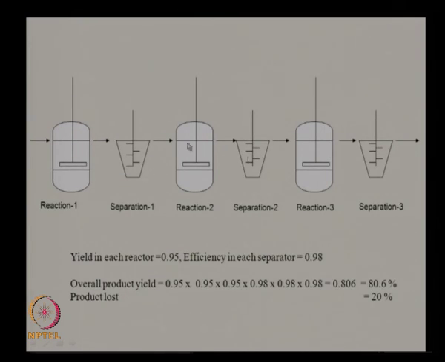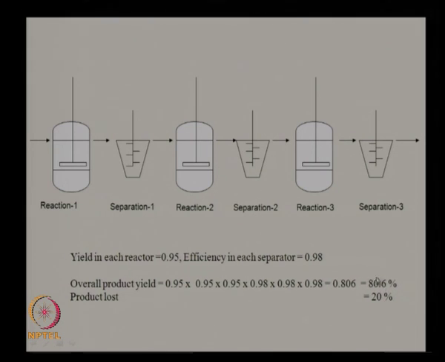Let us make it slightly more complicated. I have 1 reactor, 1 separator, another reactor, another separator, then a 3rd reactor and 3rd separator, and the yield in each reactor is 95% and the yield in each separator, that means efficiency in each separator, is 98%. So if I want to calculate the overall efficiency of the entire train of reactors and separators, I will just multiply 0.95 3 times and 0.98 3 times.